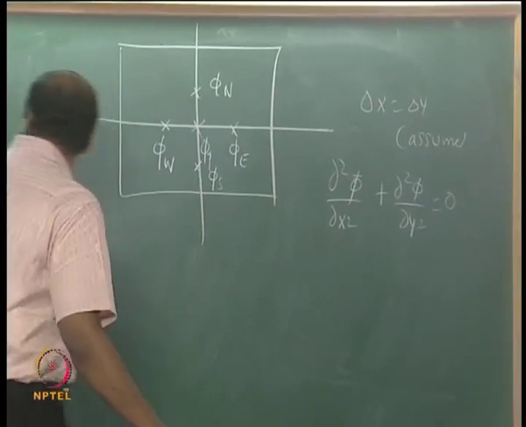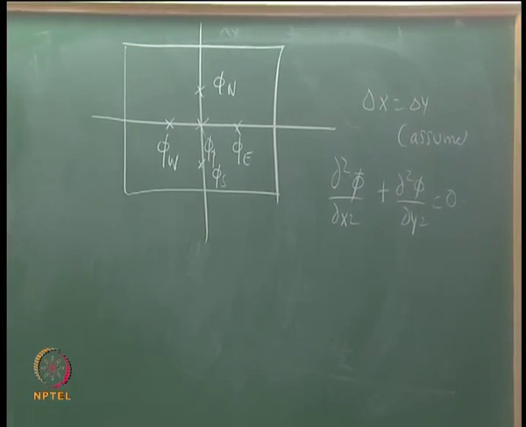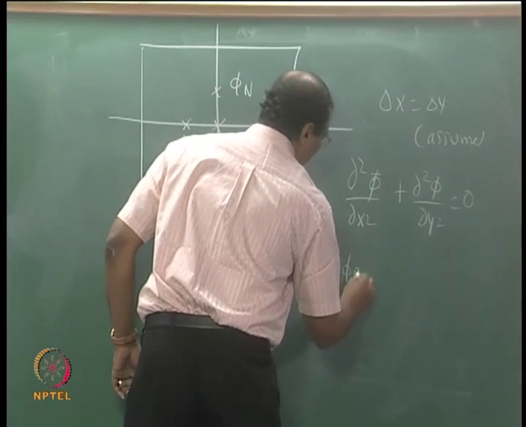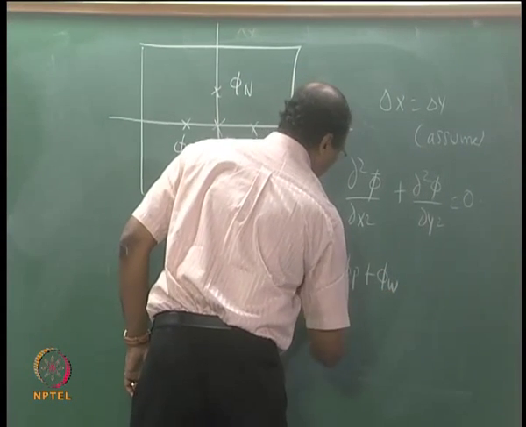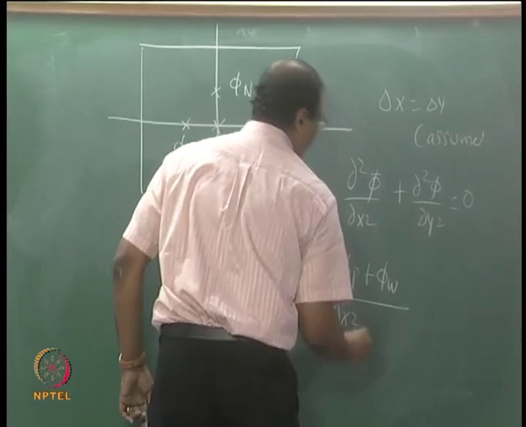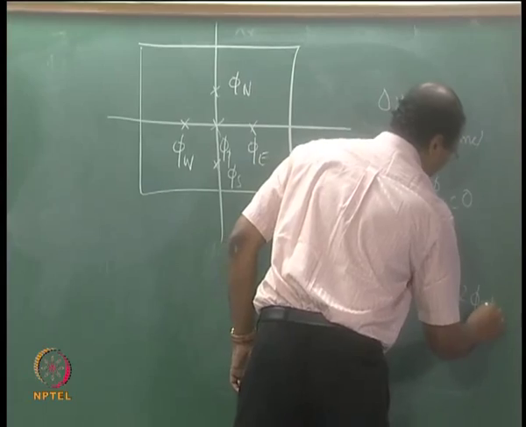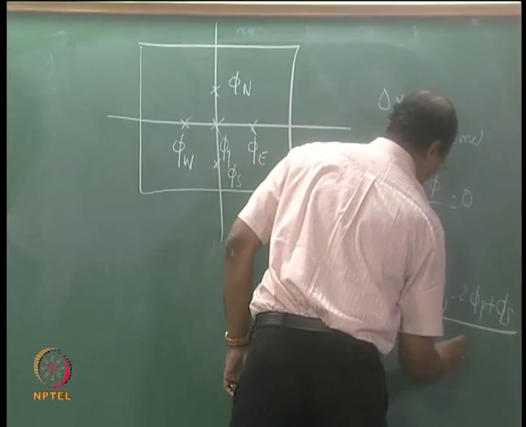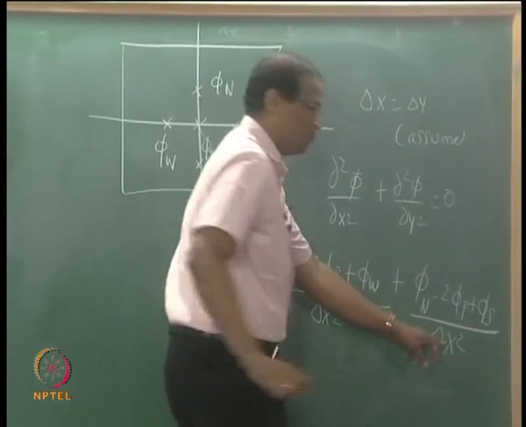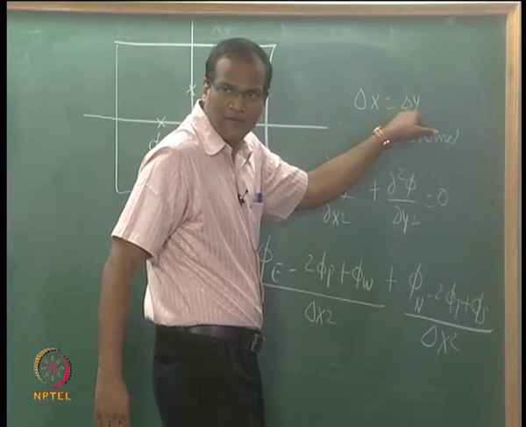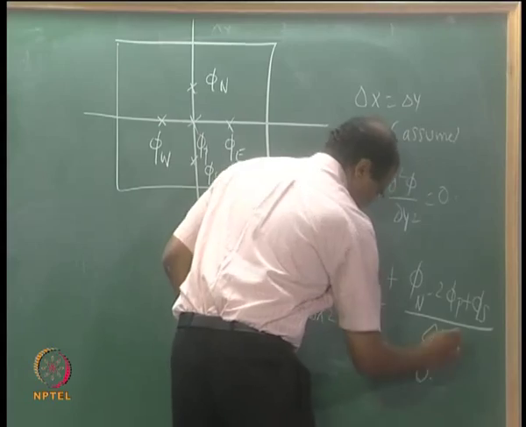So using this, you can write that. Please note that I am writing again delta x square because delta x equal to delta y.